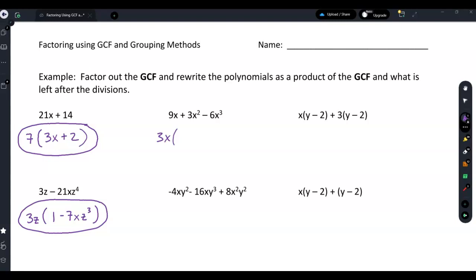So I'll divide by that. 9x divided by 3x would be 3. 3x squared divided by 3x would be x, and it's positive, so I'm going to write that as plus x. That's basically because the 3 divided by 3 became 1, and then x squared divided by x is x. And then negative 6x cubed divided by 3x would be negative 2x squared.